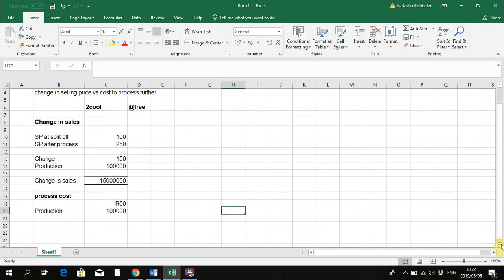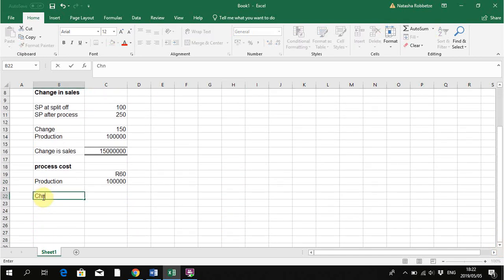So if I look at my change in cost, I get to a total of 6 million Rand. So my sales will increase by 15 million and my costs will increase by 6 million.